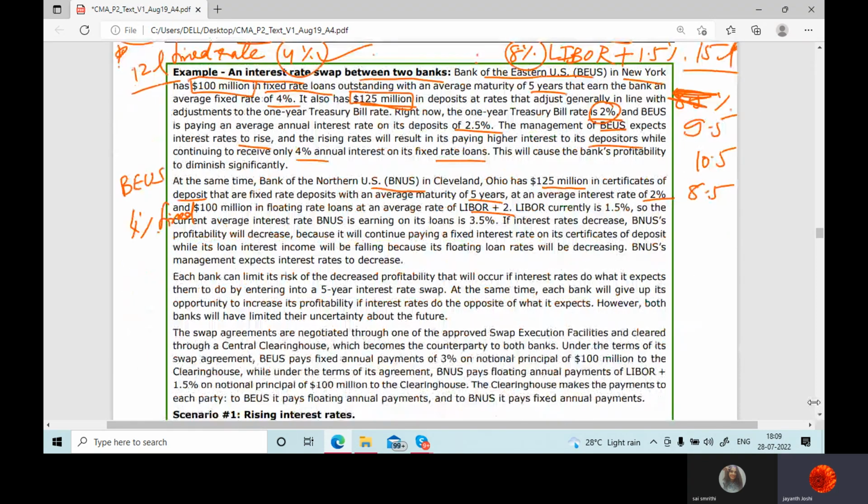For BNUS, they have invested in certificates of deposit. What is a certificate of deposit? When you deposit some money in a bank, like an FD, the bank will give you a certificate showing that you have that much deposit with them, and they'll also pay you interest for that. So they have $125 million in certificates of deposit that are fixed rate deposits.